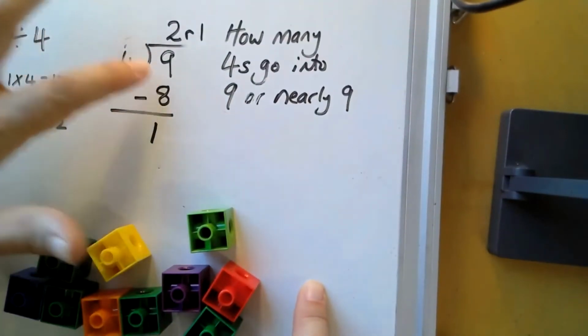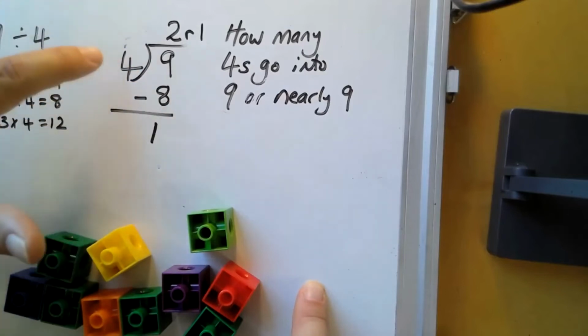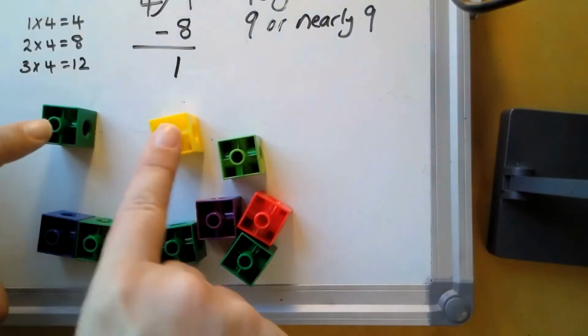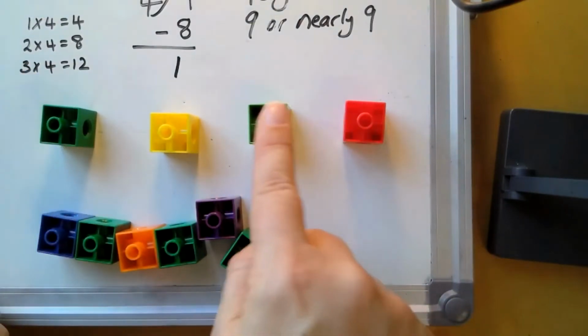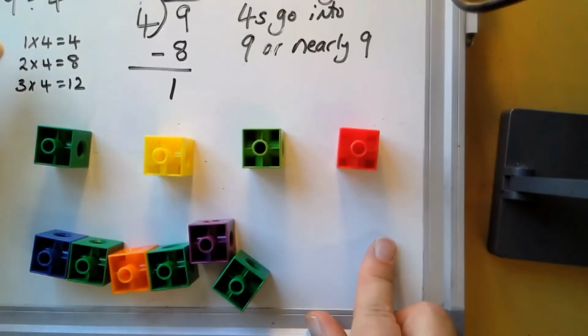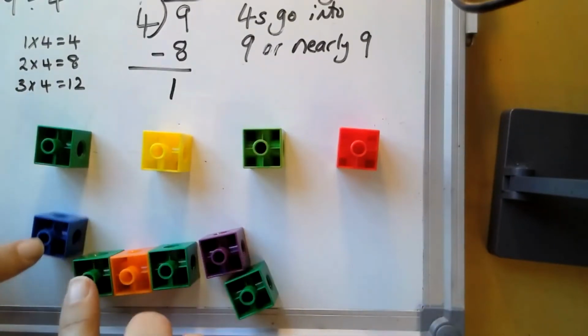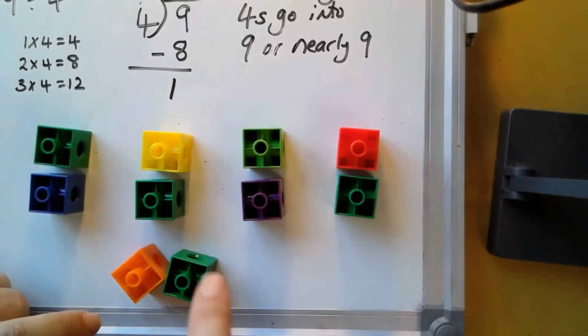I've got 9 candies, and I want to see how many pieces of candy each person gets. So I need to divide it into 4. 1, 2, 3, 4. Each person gets at least 1 piece of candy. That's like my 1 times 4. I've got 4 here. Then another 1, 2, 3, 4.